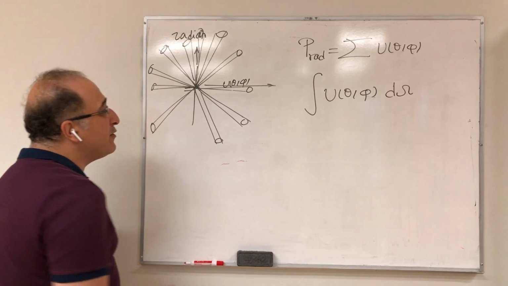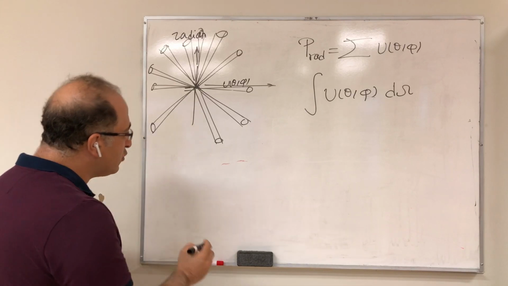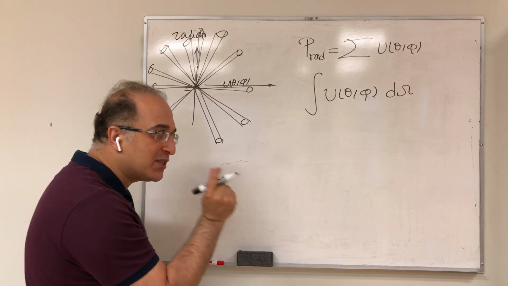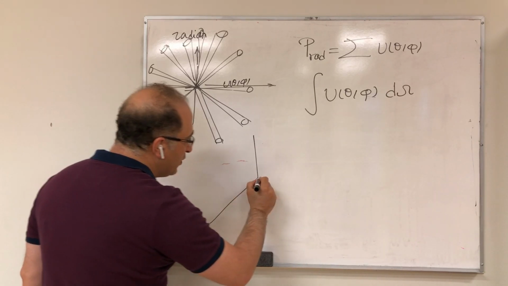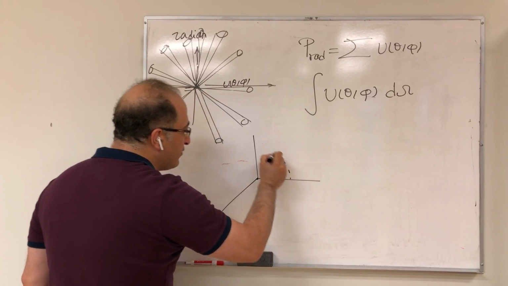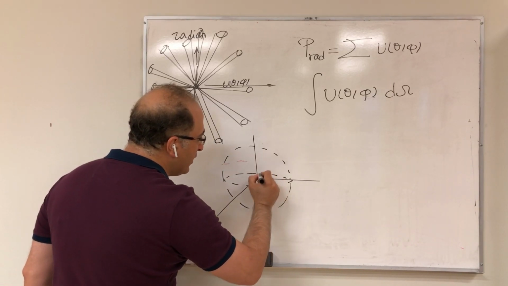Okay, so how can we find the element of solid angle? To do that, we need to find what would be a very small surface element on a sphere. I want to remind you about your course in Foundations of Electromagnetics when you had this type of topic.